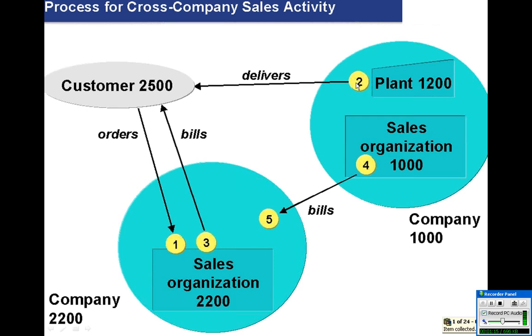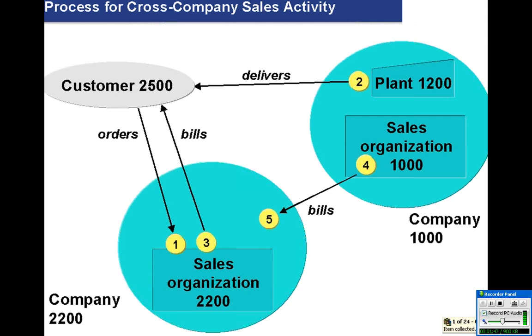If you look at the arrow right on the top, the plant 1200 is not assigned to the sales organization 2200. It is in a different company code. So step number 2 is plant 1200 delivers to customer 2500. And then if you look at step 3, sales organization 2200 is issuing an invoice to the customer 2500.